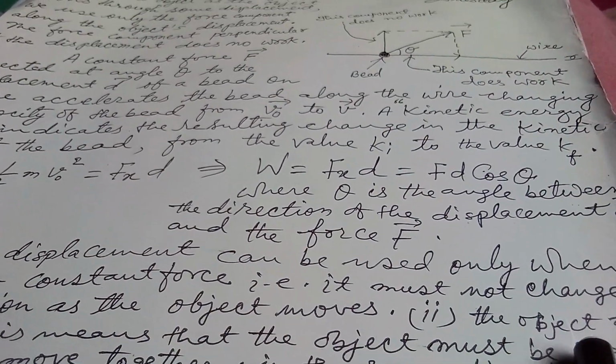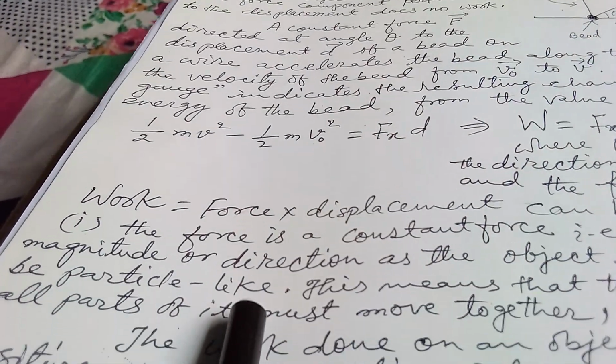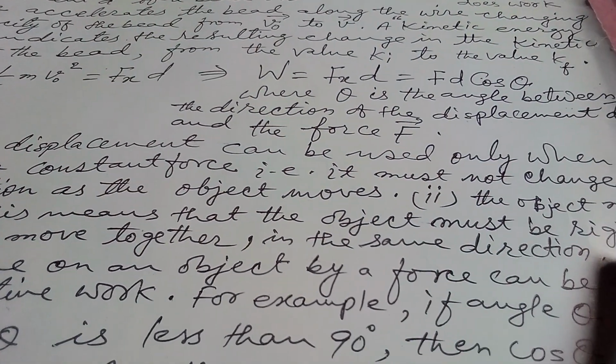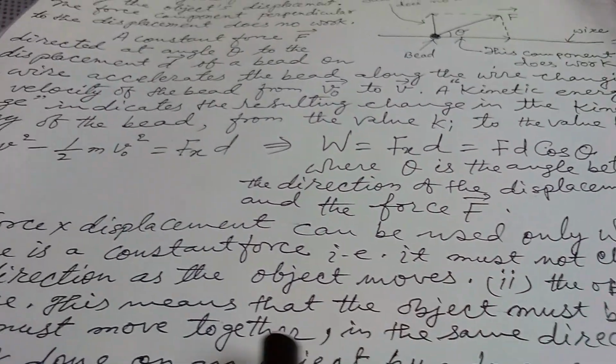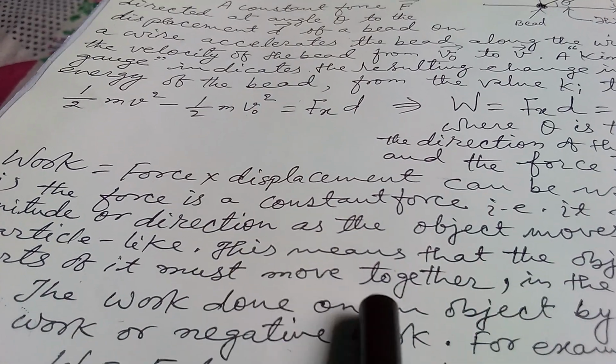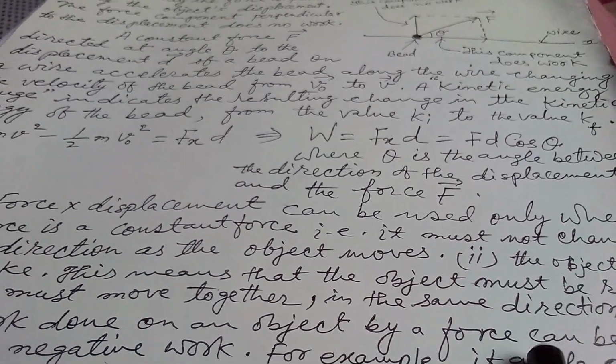Second, the object must be particle-like. This means that the object must be rigid. All parts of it must move together in the same direction.